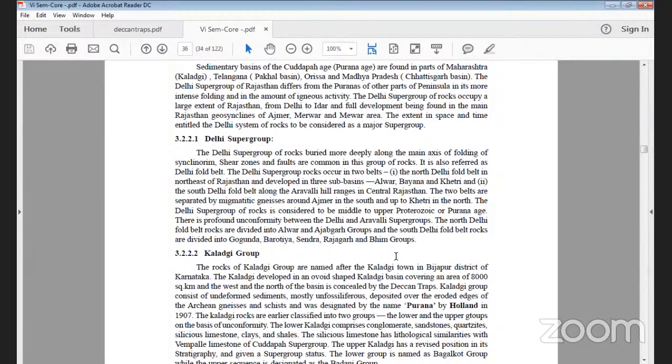And the second belt is the South Delhi fold belt along the Aravalli hill ranges in central Rajasthan. You see, these are all the formations in central Rajasthan. The two belts are separated by magmatic gneisses around Ajmer in the south and up to the north.